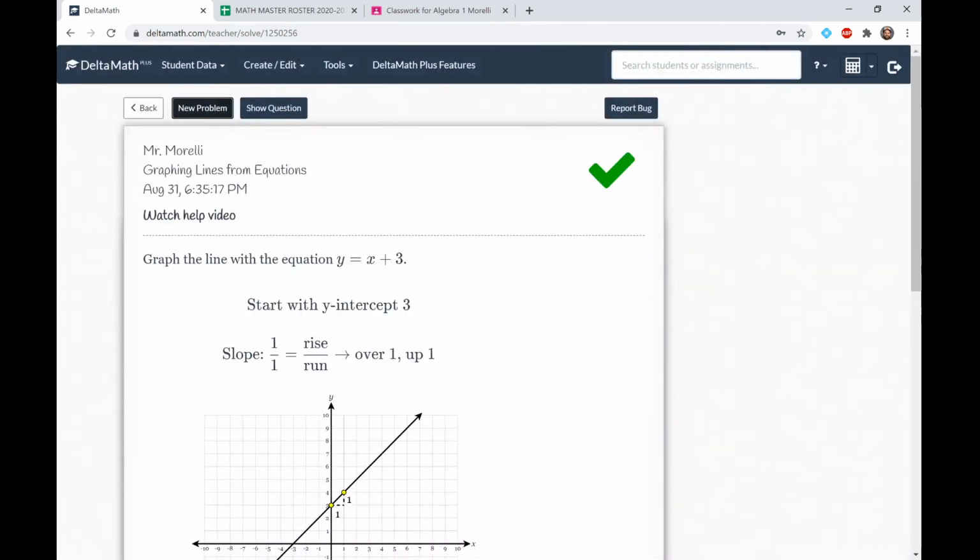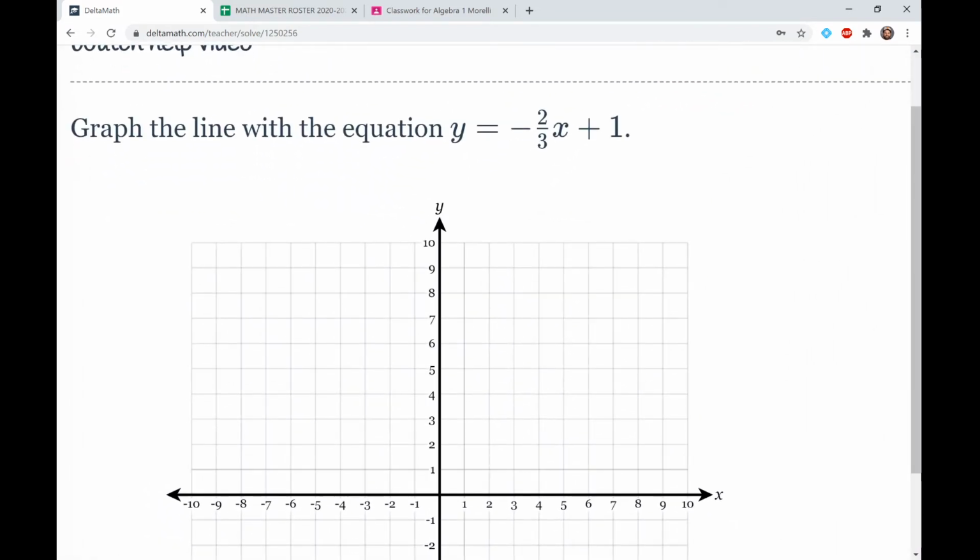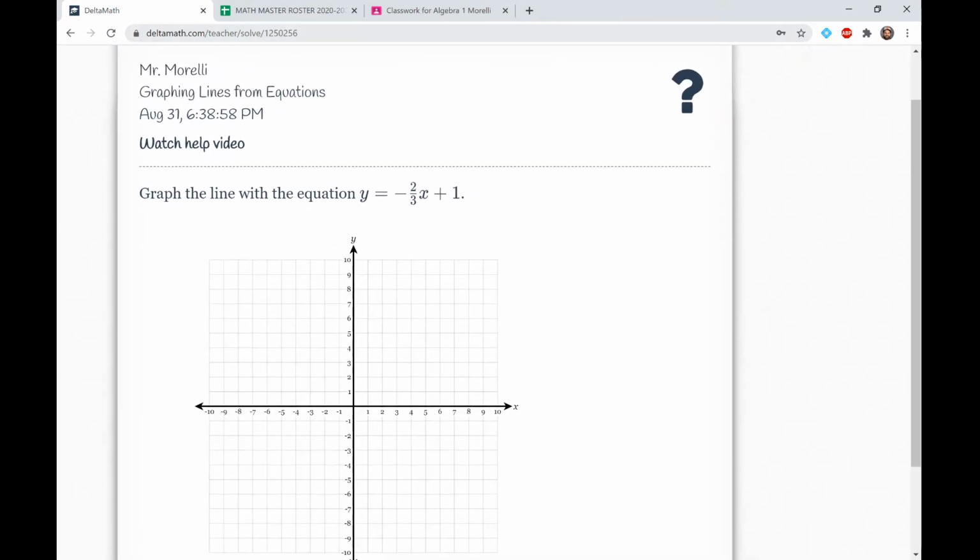Okay, let's do a new one. Now we have y equals negative 2/3 x plus 1. I need to zoom out a little bit so I can get the whole thing.